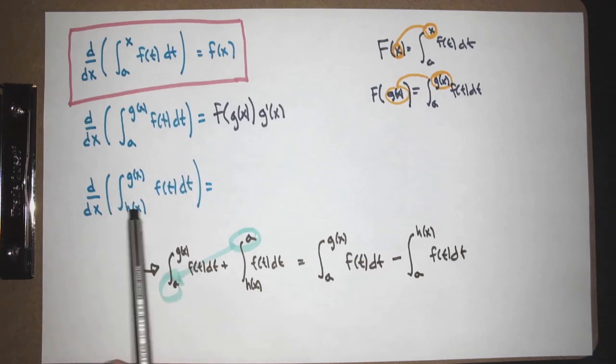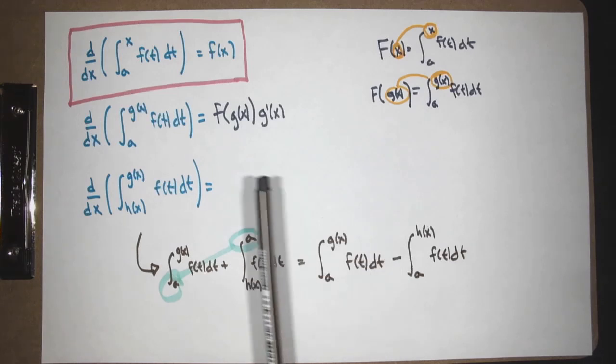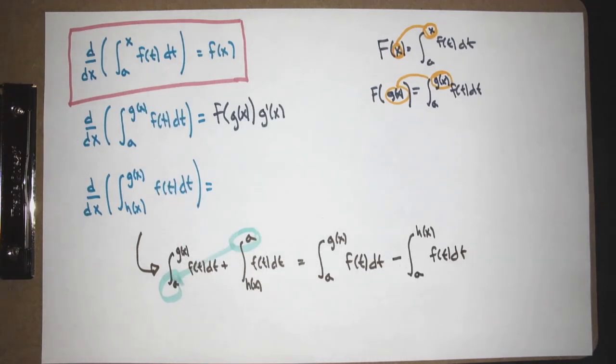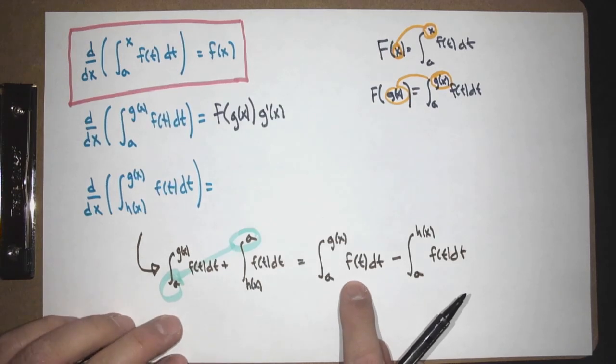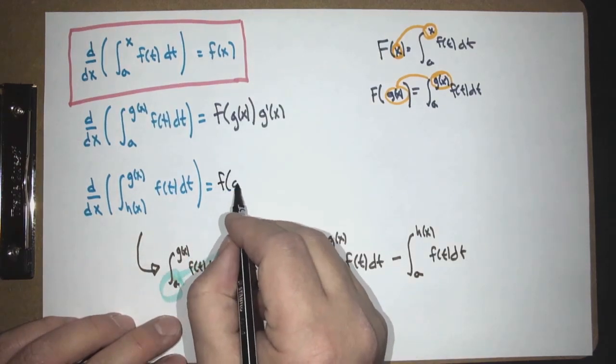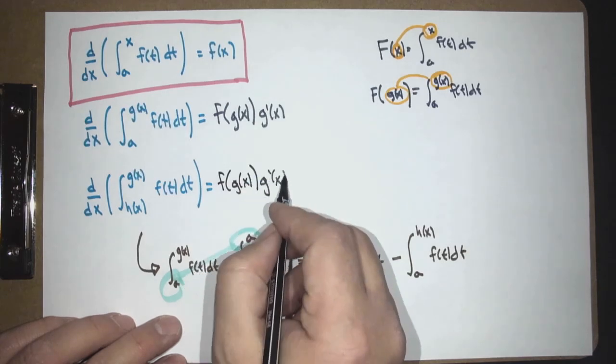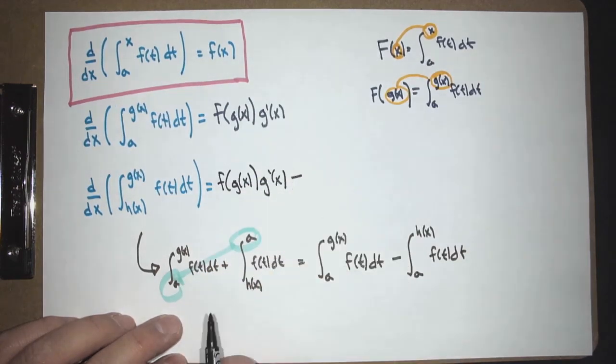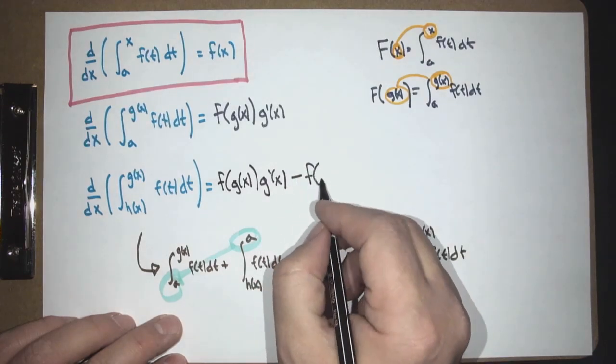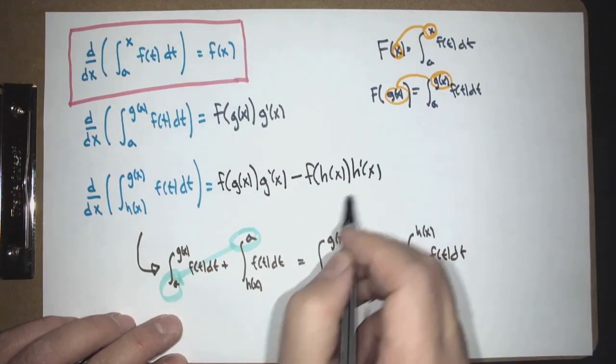So this expression is equal to this expression. We haven't taken any derivatives yet. We just say these two are equivalent ways to write it. So if I want to take the derivative of this expression, it's the same as the derivative of that expression. Well, what does that become? Take the derivative of the first, and we get f of g of x times g prime of x, minus f of h of x times h prime of x.